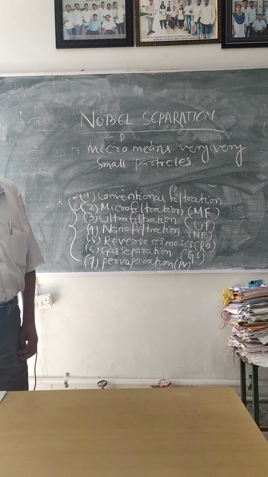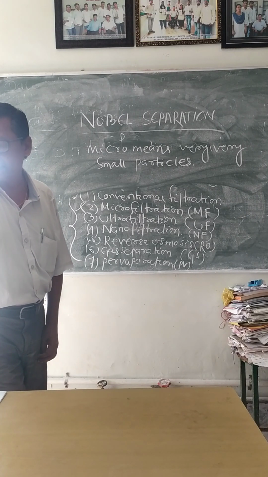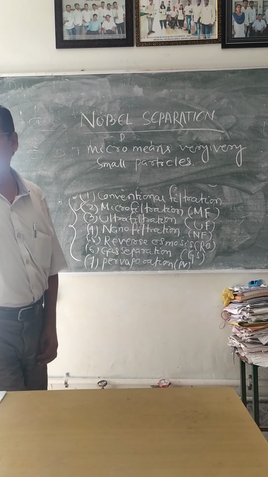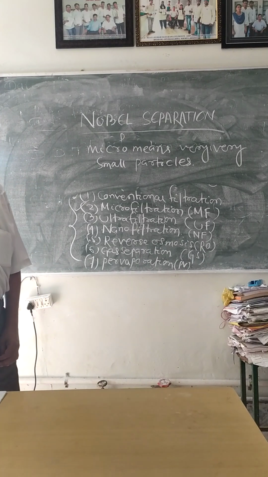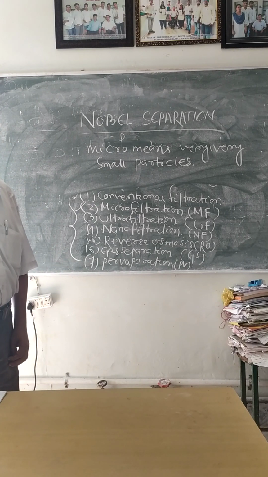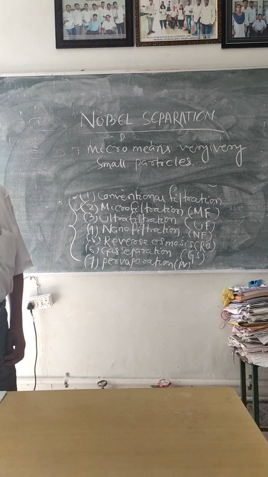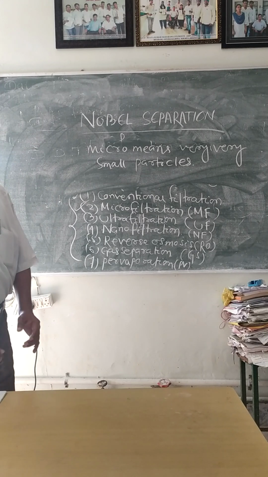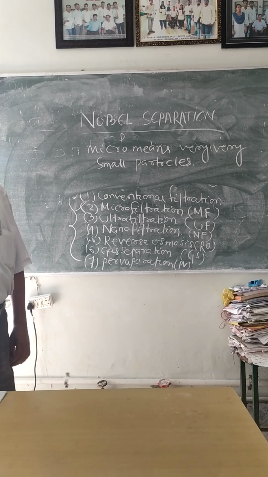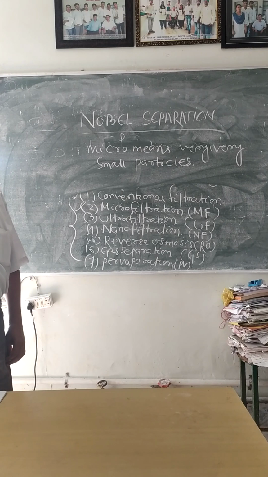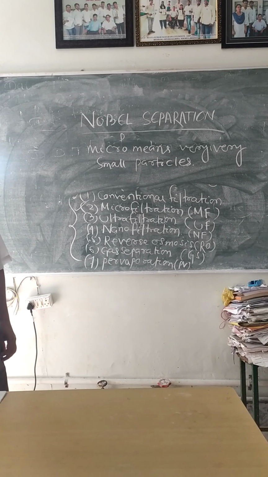Microfiltration is used to remove particles whose size is a micrometer or larger. It is used in water treatment, sterilization, petroleum refinery and dairy process.